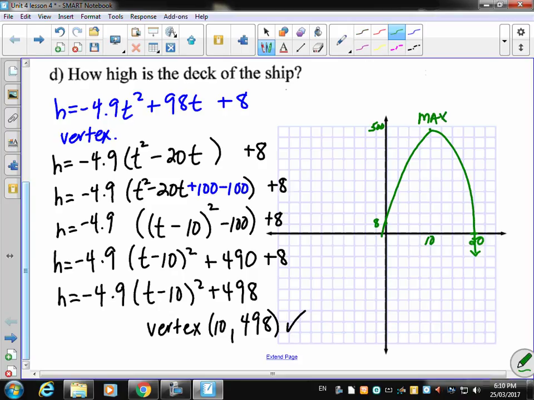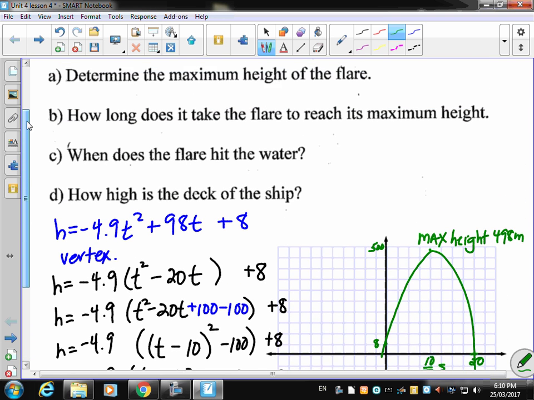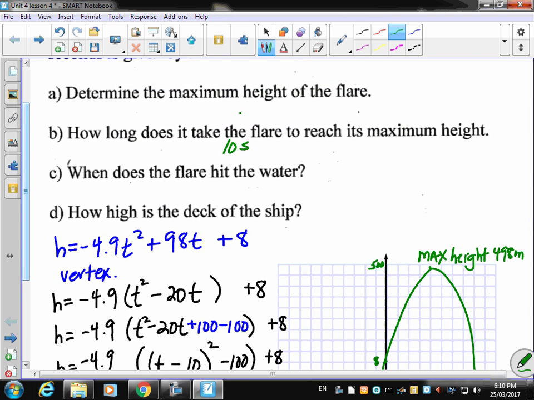The maximum height of the flare is 498 meters. And that happens 10 seconds after it's let go on the ship. That answers A and B. So 10 seconds, 498 meters.